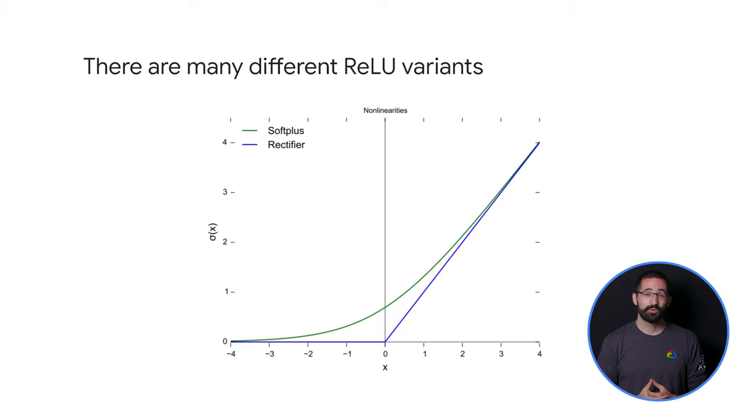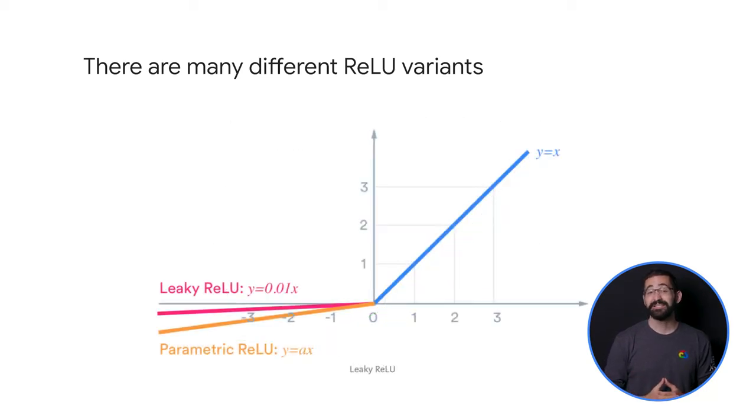Softplus, or a smooth ReLU function. This function has its derivative as the logistic function. The logistic sigmoid function is a smooth approximation of the derivative of the rectifier. Here's another one. The leaky ReLU function, I love that name, is modified to allow those small negative values when the input is less than 0.